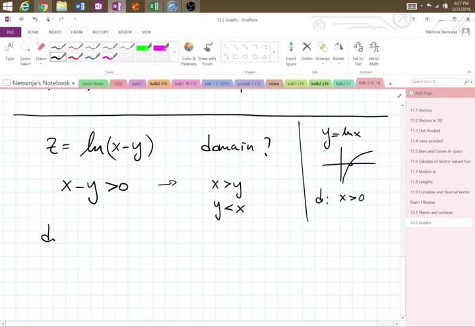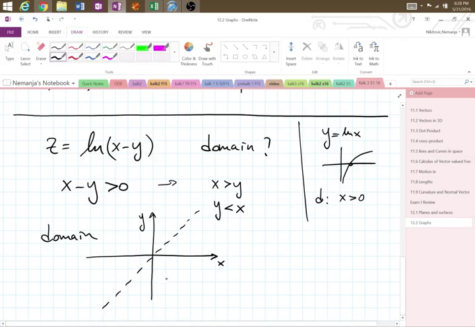We can graph the domain. In this case, it has to be a dashed line, because the line is not included. If you are graphing inequalities, without an equal sign is dashed, with an equal sign is solid, which means that the line is part of the solution set. In this case, dashed line. And where are the y's less than x?